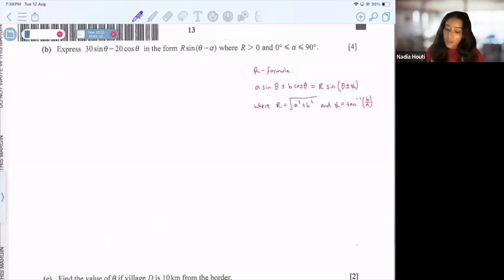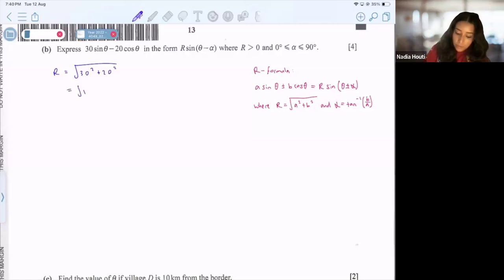So your A, you can just compare, it's 30. Your B will be 20. So R is equal to square root of 30 squared plus 20 squared.